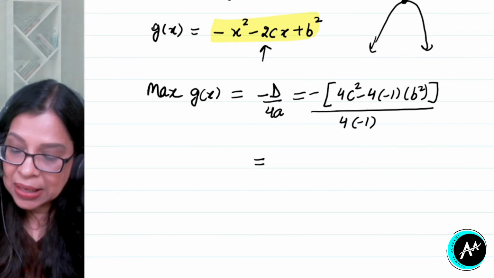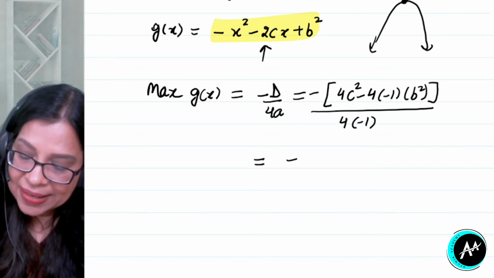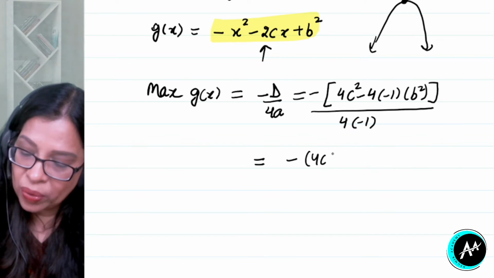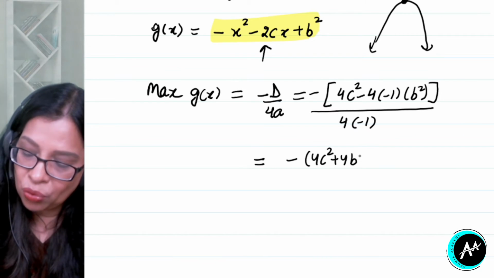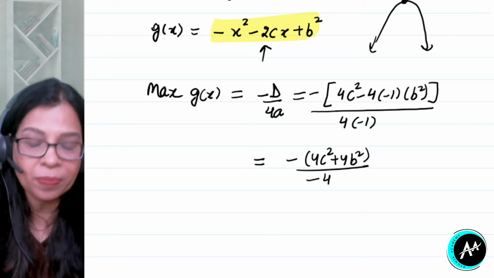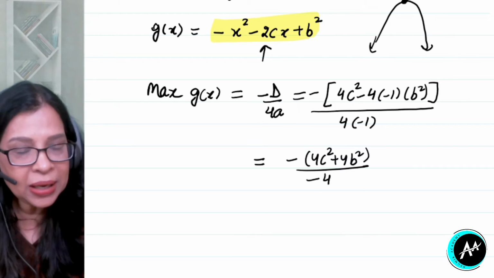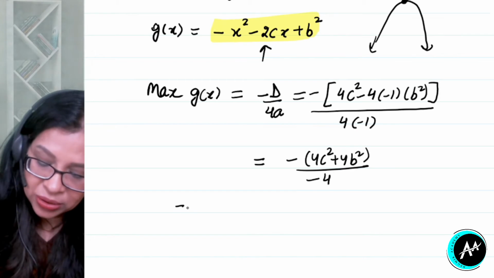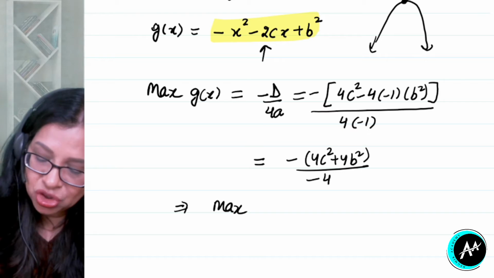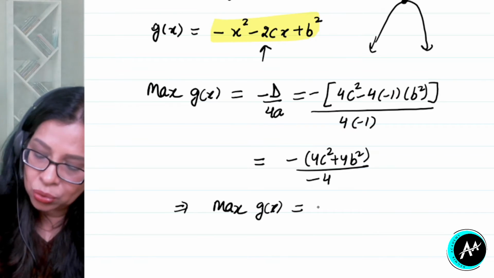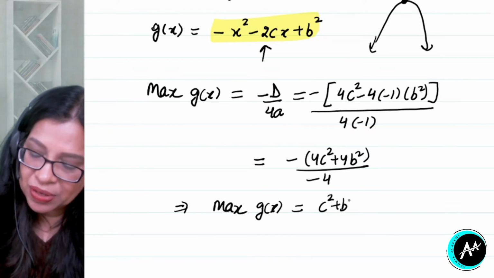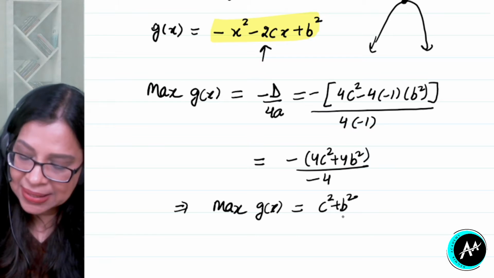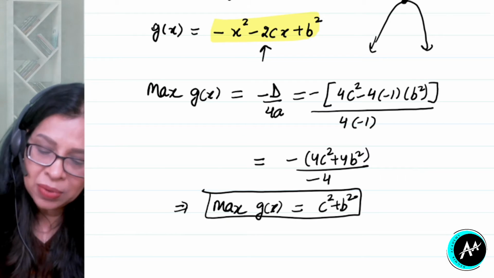How much is this? You can take this as minus 4c square minus minus, plus 4b square, upon minus 4. 4 can be taken common, and even the minus will get cancelled. So this implies maximum g(x) is equal to c square plus b square. Is it okay? This is the value of maximum g(x).